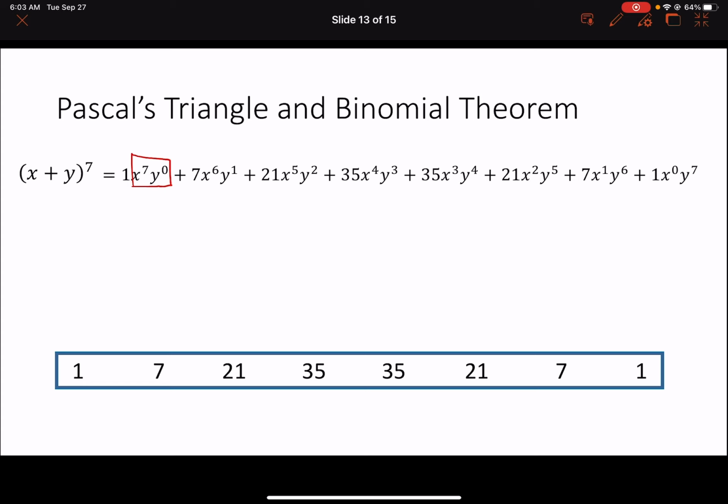Well, it starts with x to the 7, x to the 6, x to the 5, x to the 4, x cubed, x squared, x to the 1, x to the 0. x to the 0 is just 1, by the way. So is y to the 0. y to the 0, y to the 1, and then the y keeps getting stronger. y to the 4, y to the 5, y to the 6, y to the 7. And that's basically your expanded out answer.